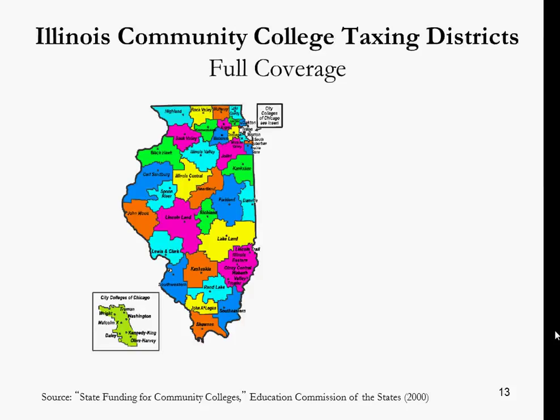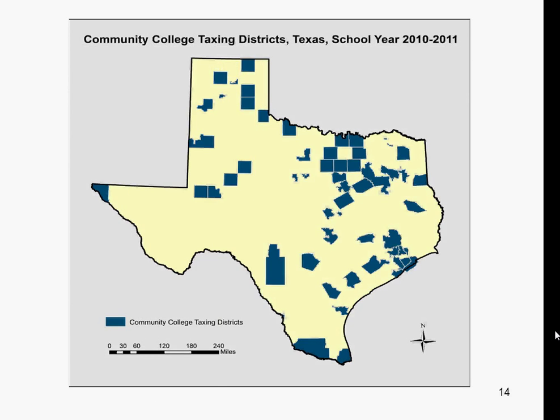In fact, geographically, it's most of the state, although population-wise, it's probably 60% of people are in taxing districts, 40% are out. So the blue or the dark areas here are the taxing districts in Texas. The yellow areas are not in any taxing district. So there, if you wanted to go to community college, you're going to have to pay a higher price.